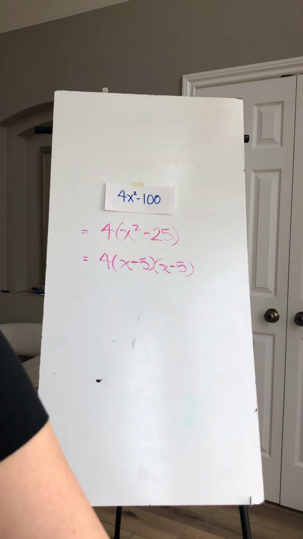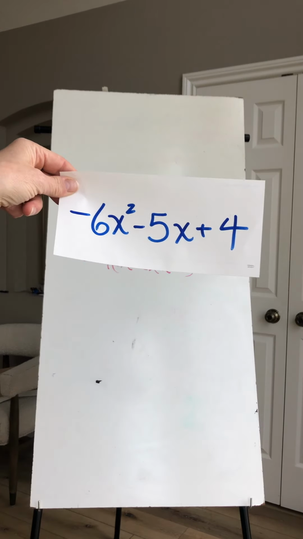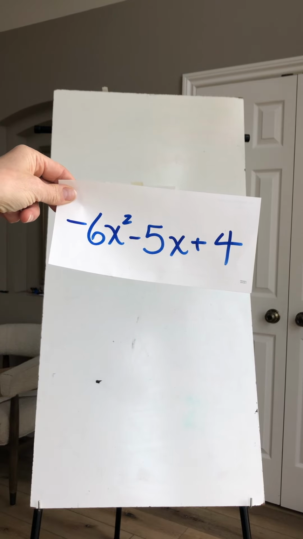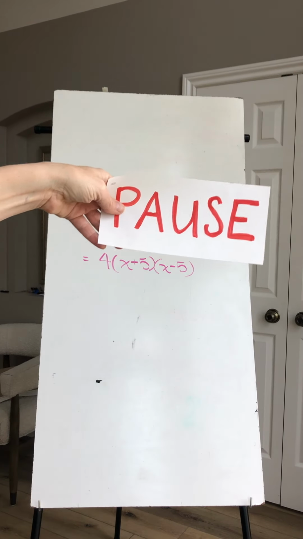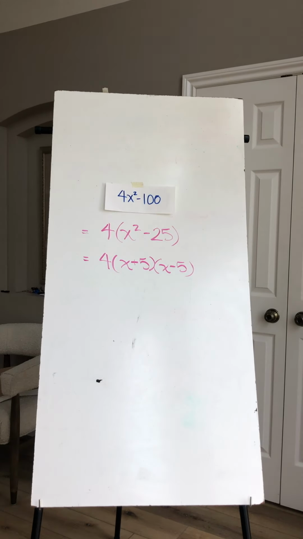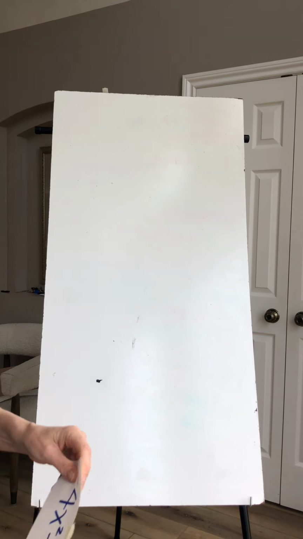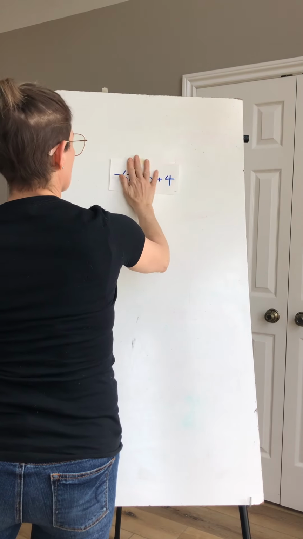All right, moving on. Our next one, negative 6x squared minus 5x plus 4. Give yourself a big pause to try that. All right.